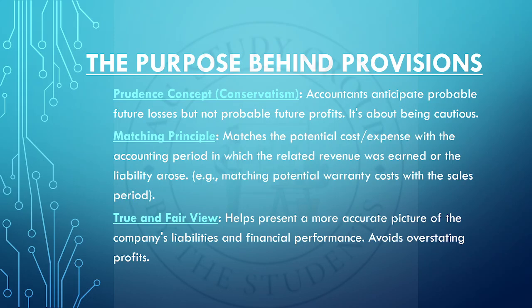If the sale is made in March and the repair comes next year, this will not match. So we create provisions to match. That is the matching principle. Third, it gives a true and fair view of the company's financial health by acknowledging these likely future outflows.